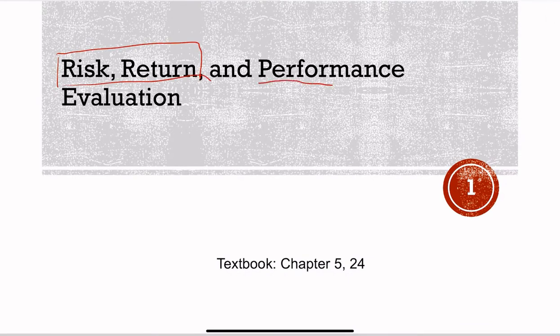And this part, performance evaluation, is new, and it's actually quite useful because clearly if you're making your own investment, it's very important for you to understand what is your portfolio's performance, right? So you basically want to evaluate yourself. And if you want to invest in some mutual funds or ETFs, in this case, you will want to use the performance evaluation to evaluate those mutual funds.